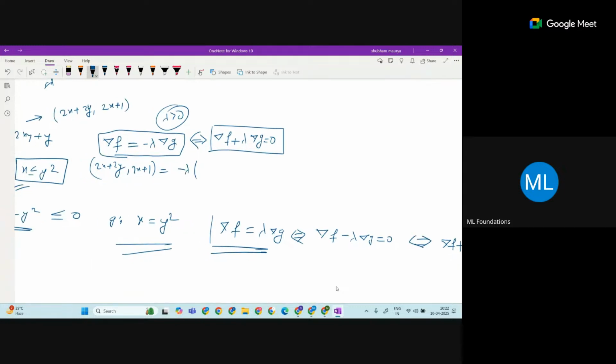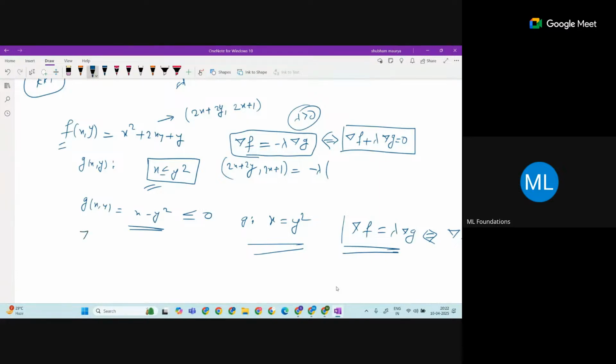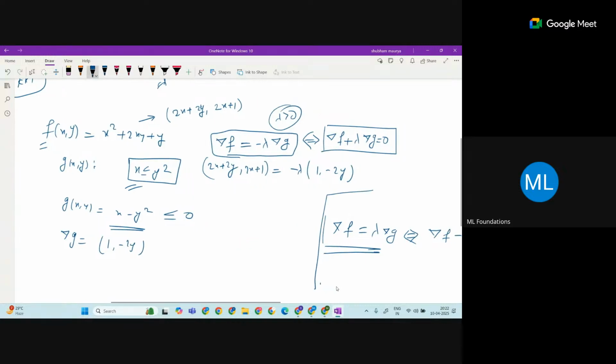So if you do it here, the gradient of g is going to be 1 minus 2y. And now we have this equation: 2x plus 2y is equal to minus lambda, and 2x plus 1 is equal to minus 2 lambda y.